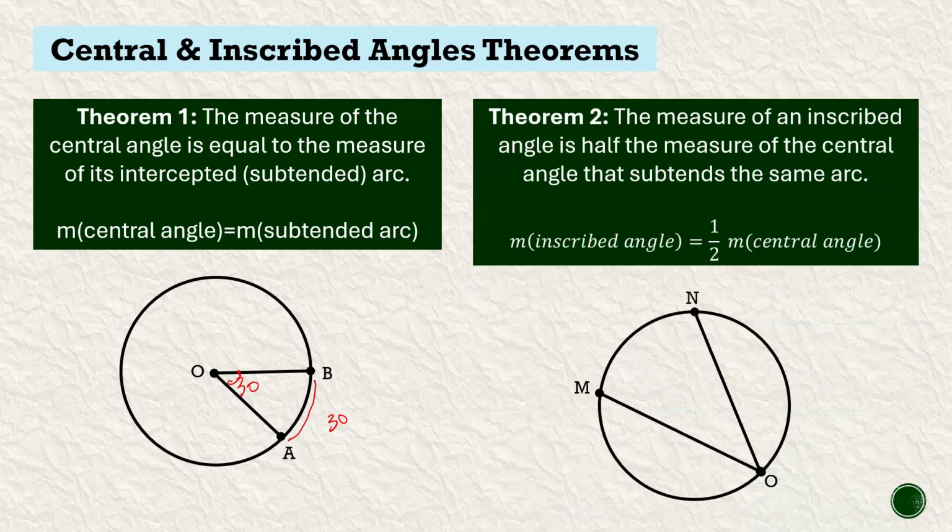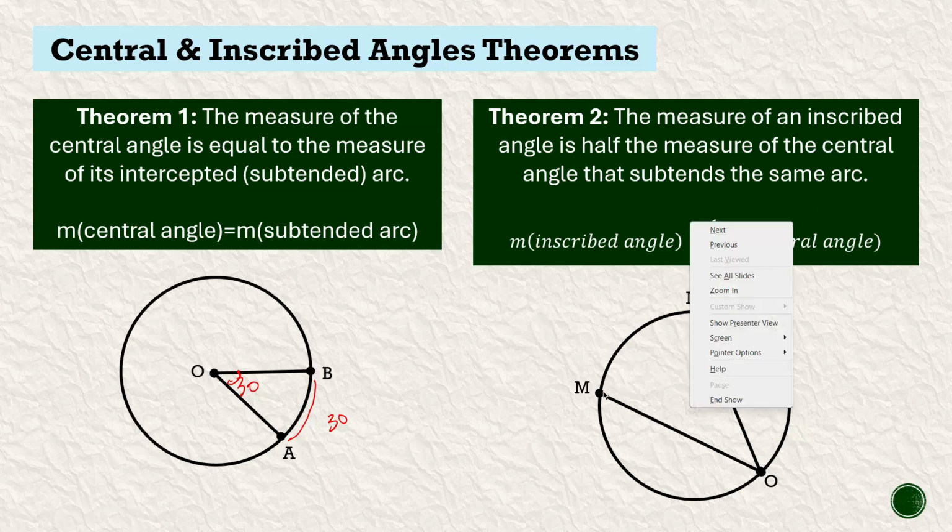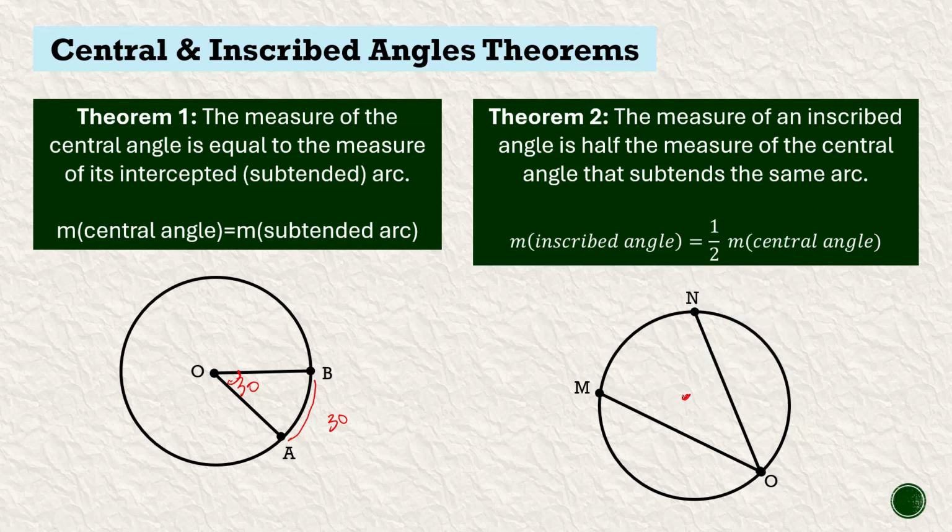Theorem number two says the measure of an inscribed angle is half the measure of the central angle that subtends the same arc. Here you can't see that central angle, so I'm going to draw that first. Let's say this is a central angle, and the measurement of that central angle is 80 degrees.